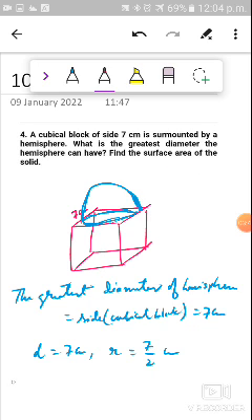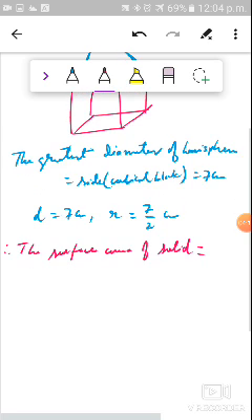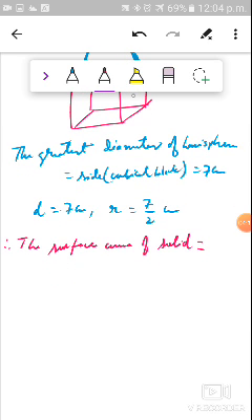So therefore the surface area of the solid will be equal to TSA of the cubical block, plus, let me write first, plus CSA of the hemisphere.